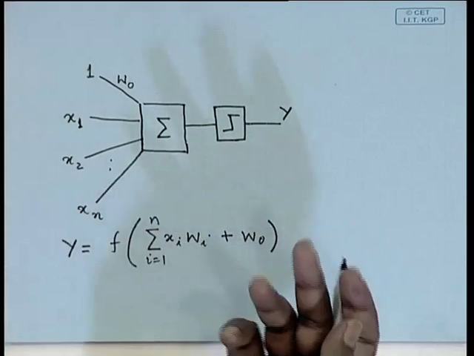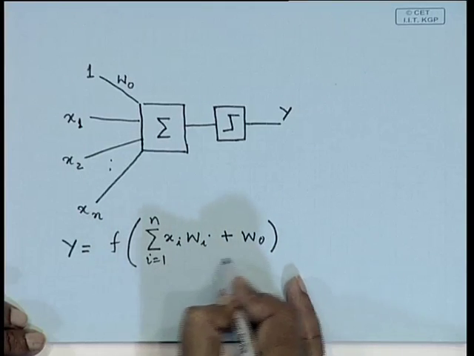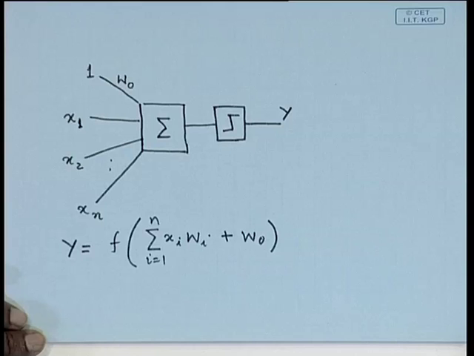Again, I can have a similar kind of decision: y will be set equal to 1 if this term is greater than threshold, and set to 0 if this term is less than or equal to threshold, and accordingly I can go for classification.